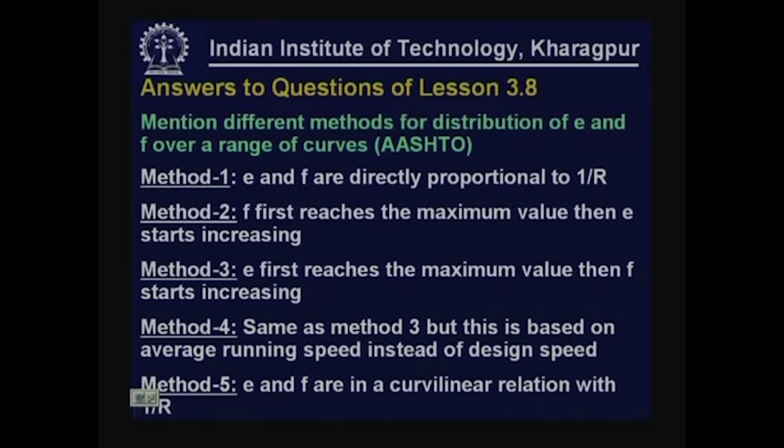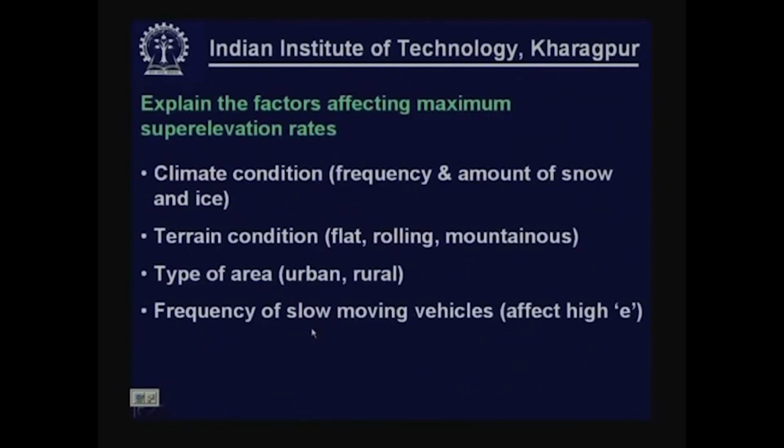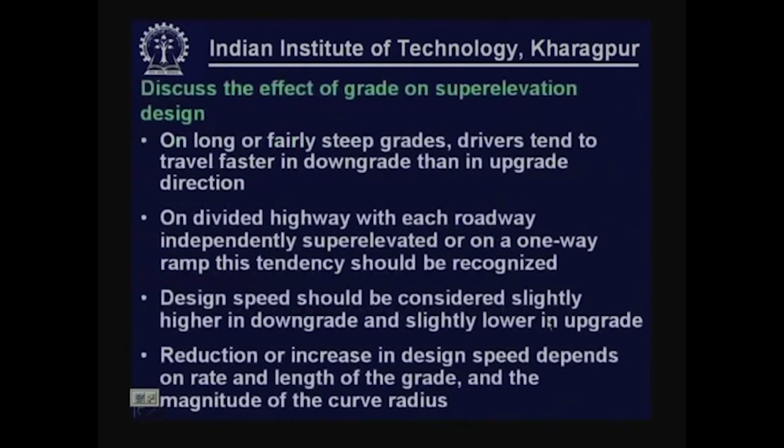Method 5, E and F have a curvilinear relation with 1 by R. So, therefore, in this case it tries to combine the advantages of method 1 and method 4. Now, factors affecting maximum super elevation rate: climatic condition, terrain condition, type of area, whether it is urban or rural, and importantly frequency of slow moving vehicles, which affects the high value of E.